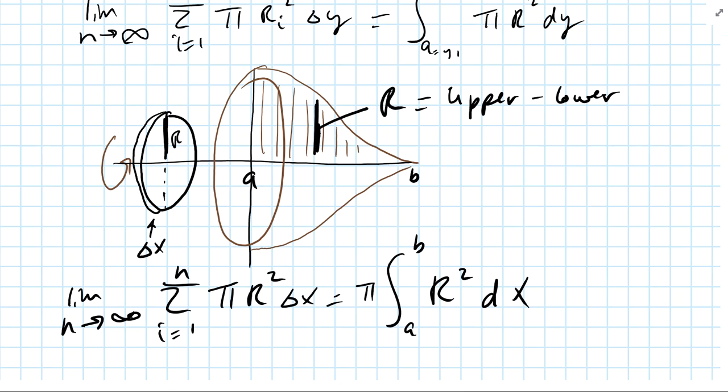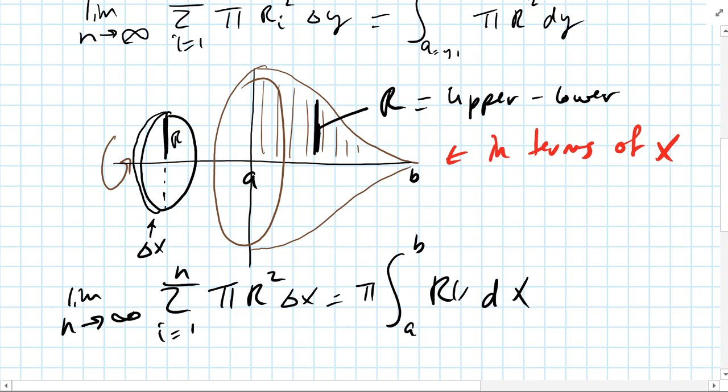You can. So if your axis of rotation is the x-axis, if your radii are perpendicular to the x-axis, this is all going to be in terms of x. Let me make this even more obvious.